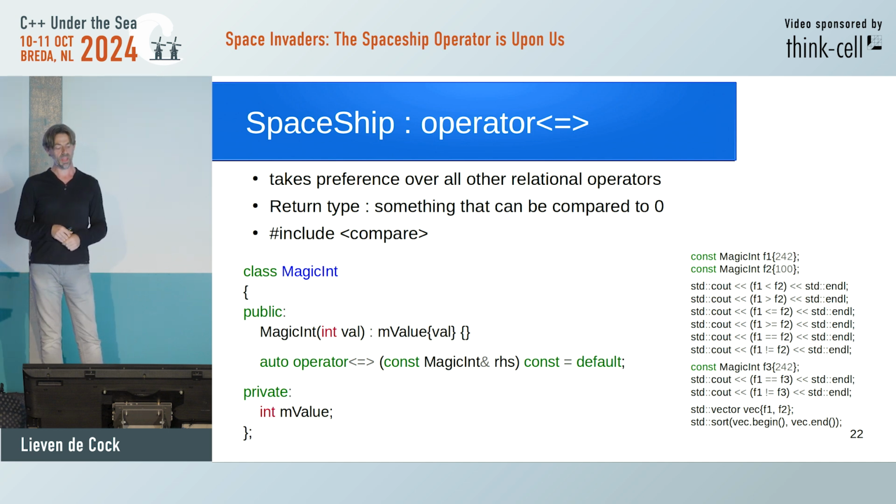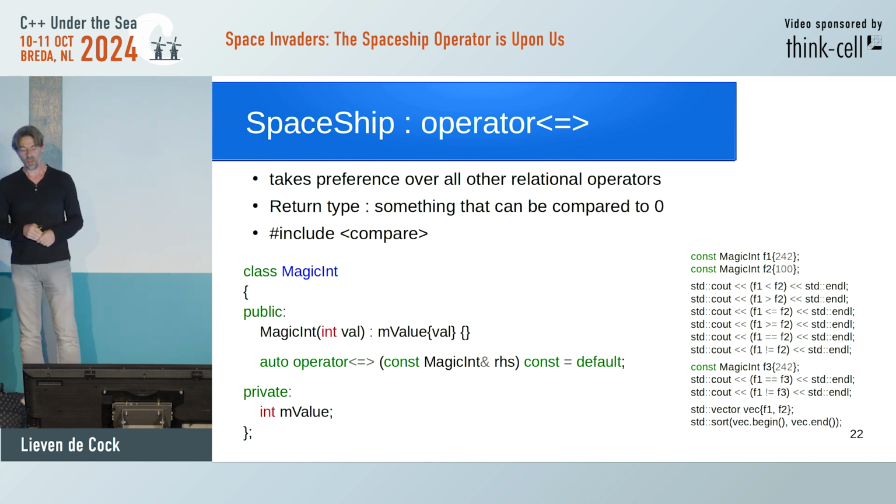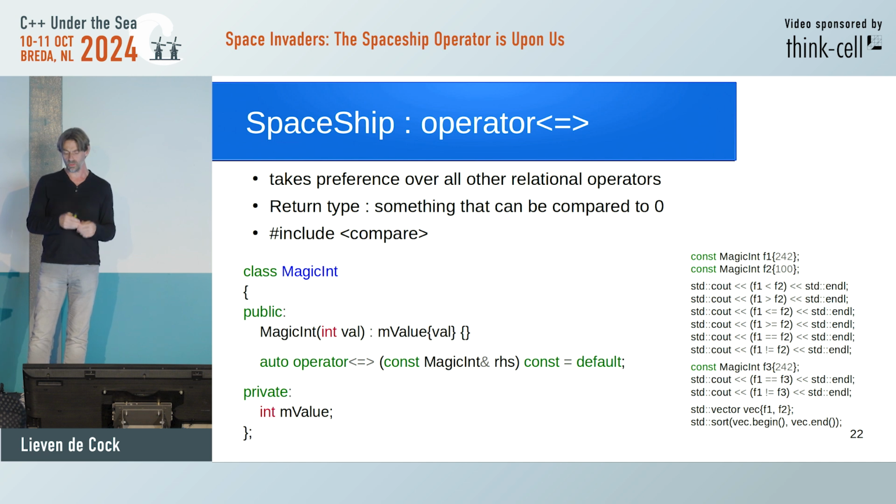We put auto and we default it, meaning compiler, you generate it for us. We see some little examples on how we could use it. So less than, bigger than, less or equal. All 6 possibilities, we get them all for free. And we only had to add 1 line.